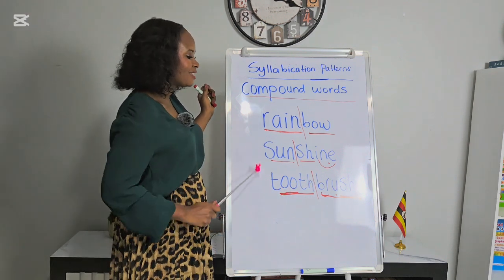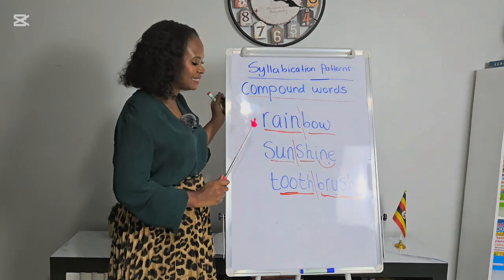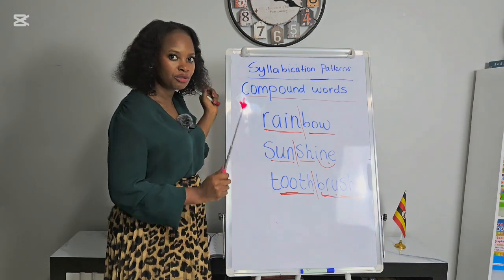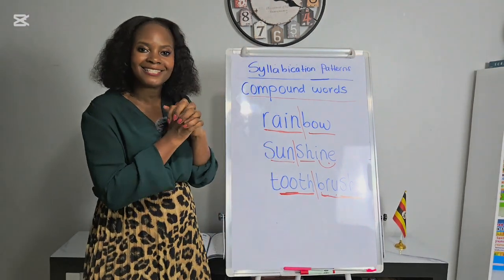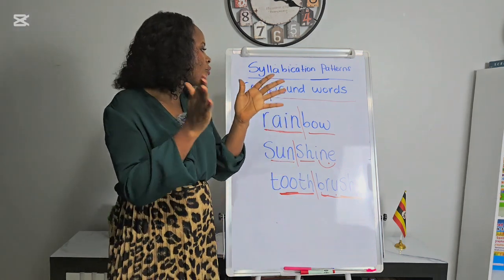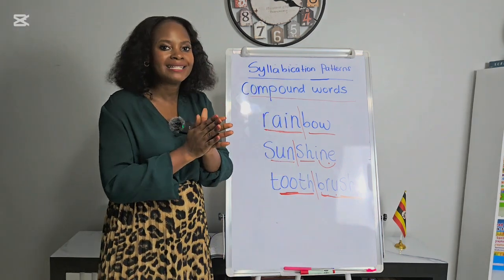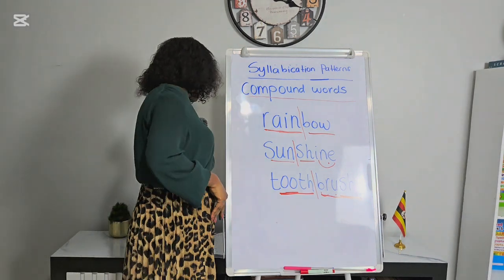Amazing. Now let's read these big words together out loud. Rainbow, sunshine, toothbrush. Amazing. You have all these strategies. That means from now on you are going to be reading these long words easily because you have so many strategies to help you out.